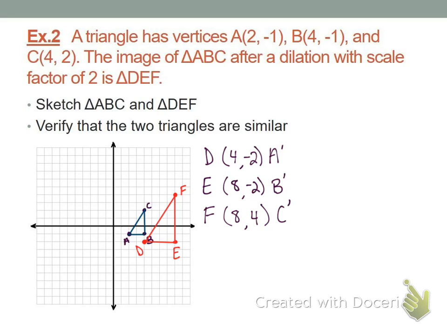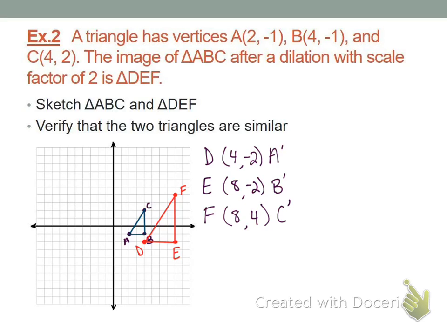Okay. Any thoughts about how we're going to verify that they are similar? Micah, what do you think? The scale factor? Oh, the ratios. Yes, I agree. Technically, we have two different ways we could do this.